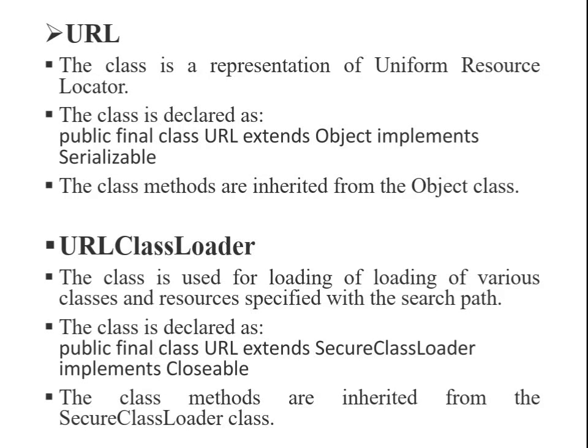Next one is URLClassLoader. The class is used for loading of the various classes and resources specified with the search path. The class for the URLClassLoader is declared as public class URLClassLoader extends SecureClassLoader implements Closeable. The class methods are inherited from the SecureClassLoader class.